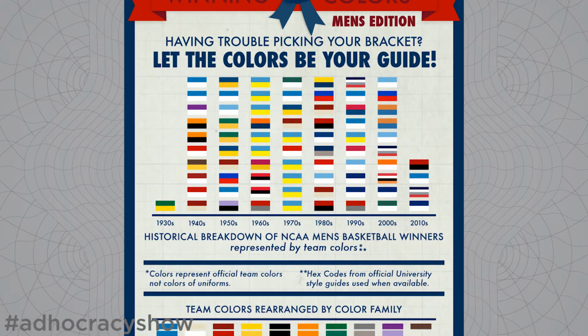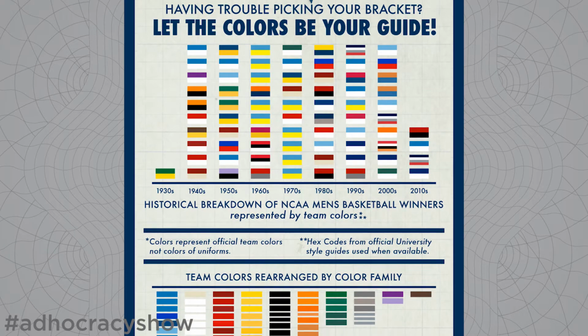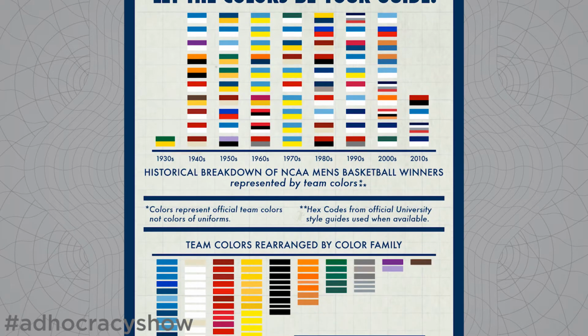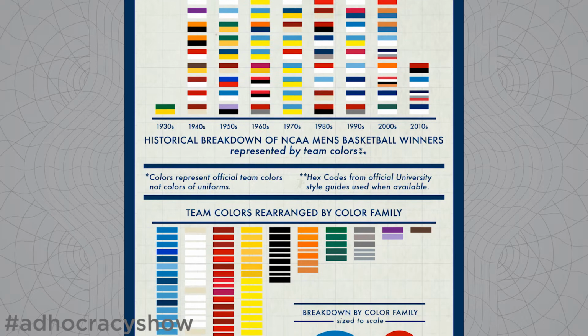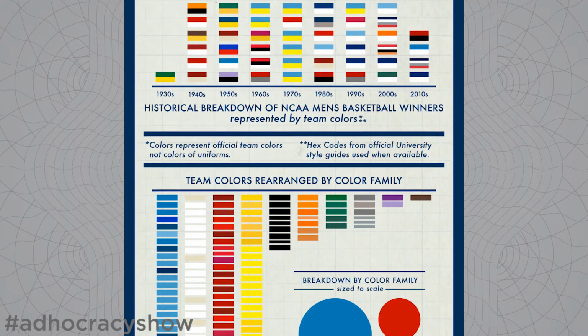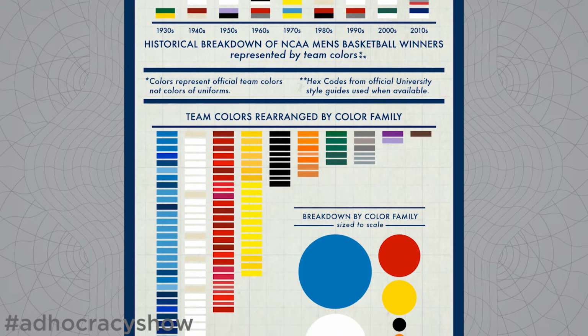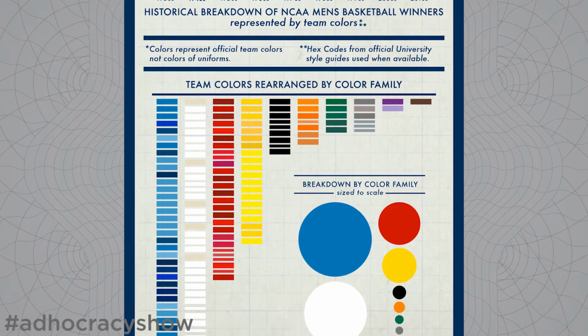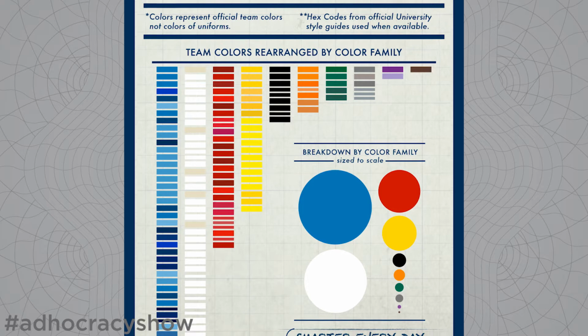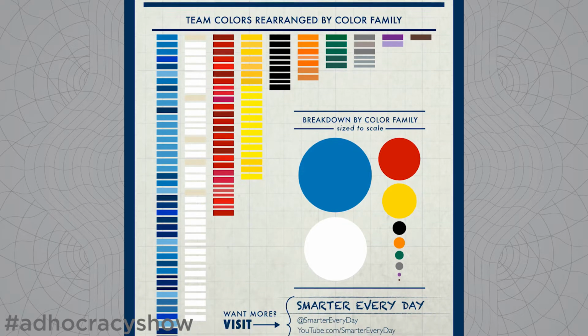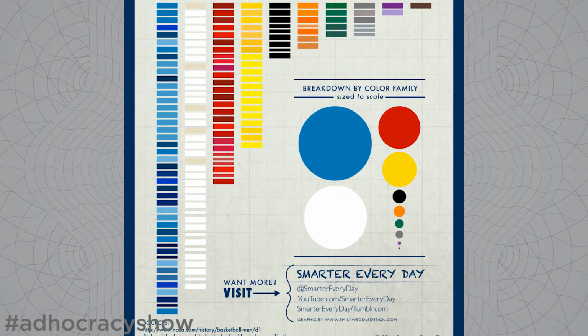And it turns out that the nephew or cousin who only picks the blue teams has a better chance than you of winning, because blue and white are the winningest colors, which, I guess, there's logic there.